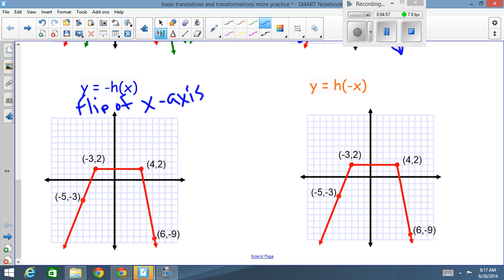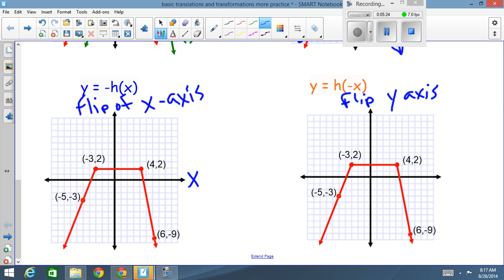And when that negative is on the inside of the function, that's a flip on the y. So what we mean by that, let's look at the first one. When we're going to flip over the x-axis, essentially each of our points, here's our x-axis, each of our points needs to stay on the same y coordinate line, but needs to flip to the other side of the x-axis.